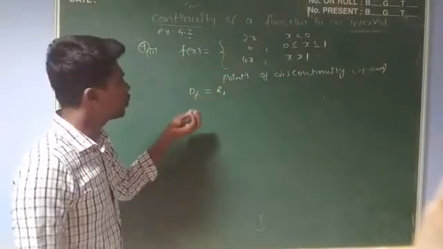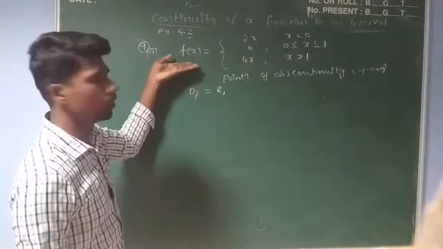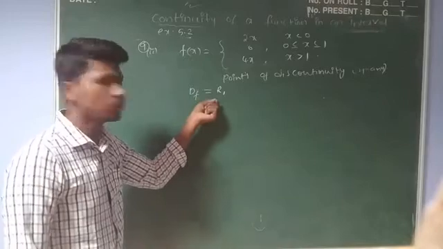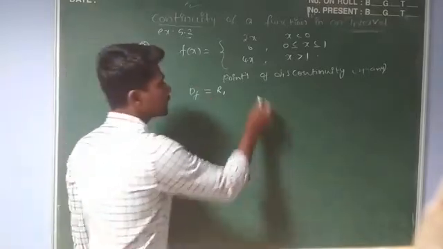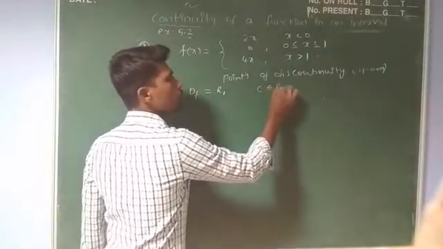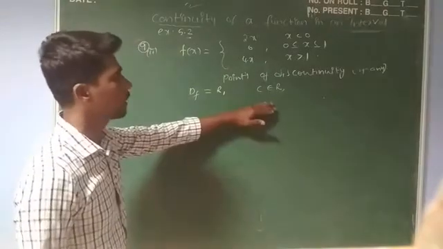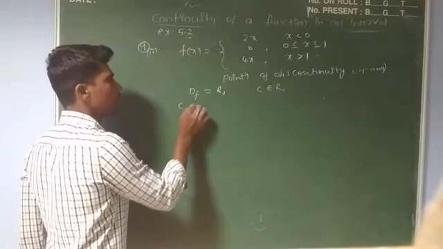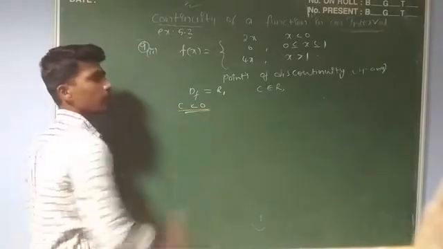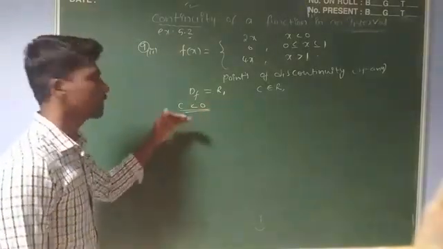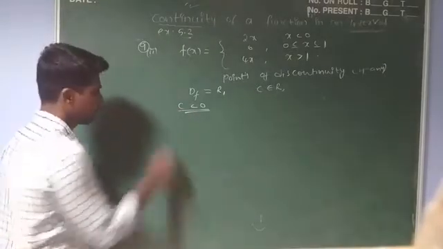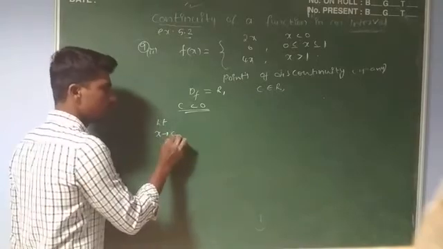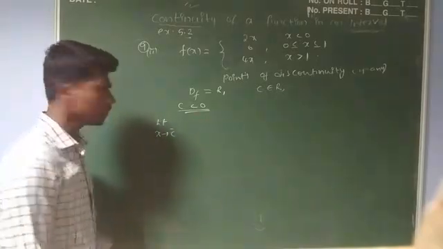Then to examine the continuity, we have to consider one real number which belongs to its domain. Let me consider c belongs to R. If c is less than 0, what can we expect?